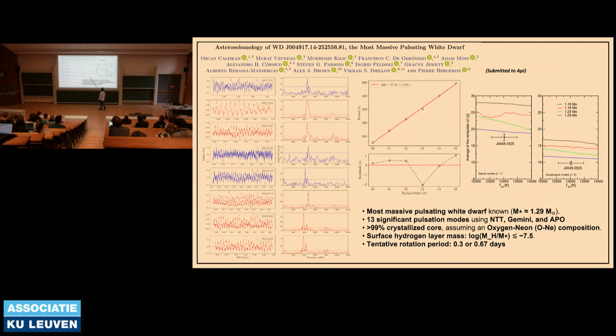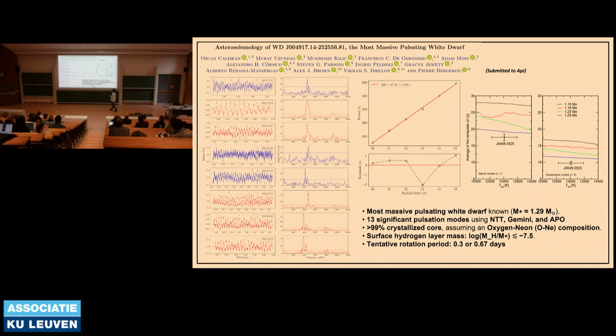As you can see, there is a trapped region, and most likely it corresponds to a transition region in the star. But we need detailed modeling. Using this period spacing for dipole and quadrupole modes, we derived the mass of this white dwarf.